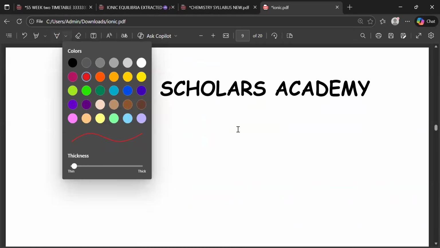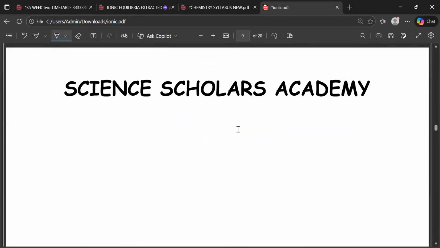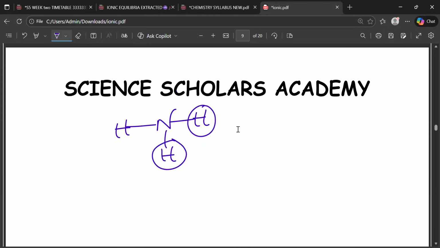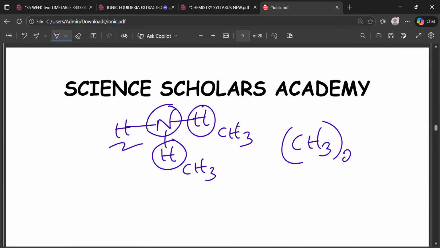So when they say dimethyl, that means 2 hydrogens were replaced by methyl groups. So the N remained with only one H. So it is CH3, there are two of them, then NH.